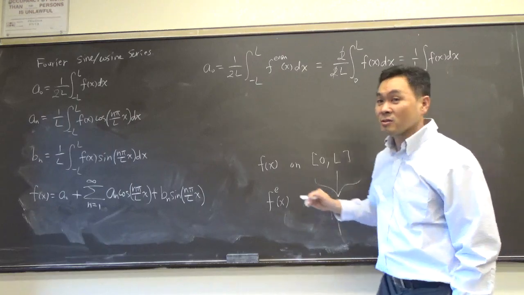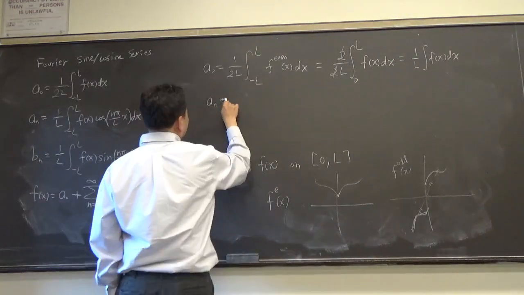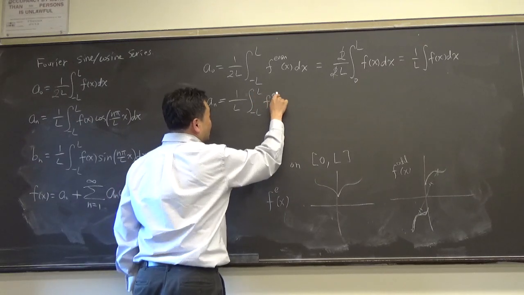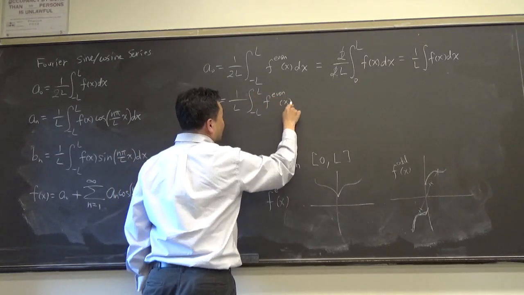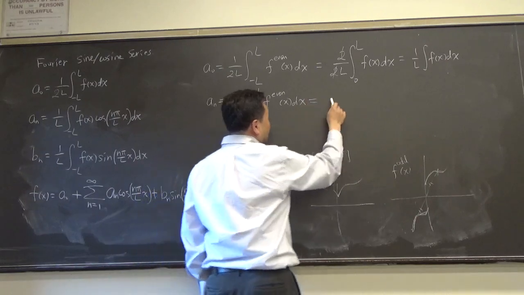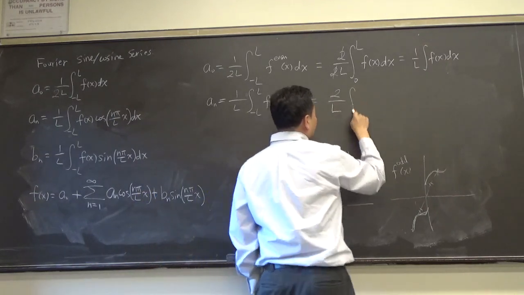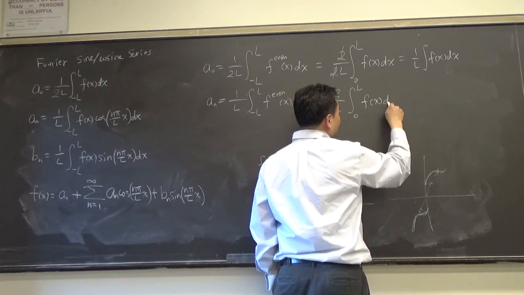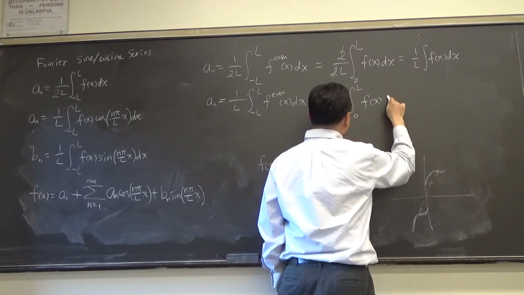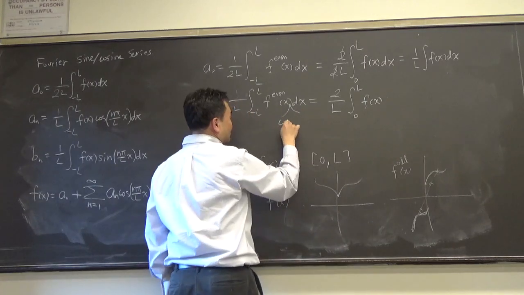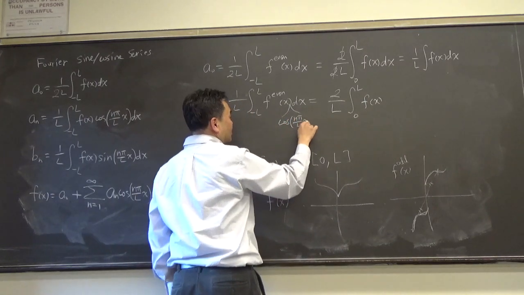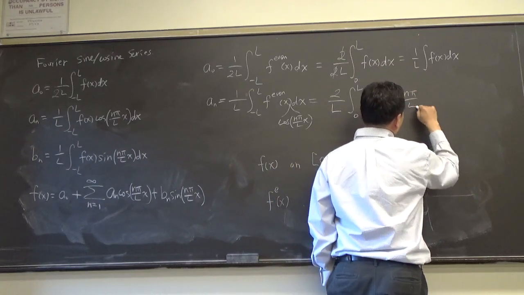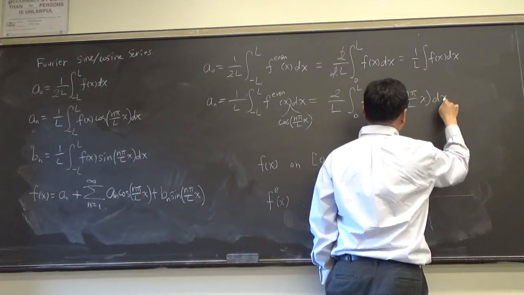for a0, and then an would be 1 over L from negative L to L, f even x dx. And again, doing the doubling trick allows you to skip having to consider the extension, but just write down the, sorry, I forgot the cosine, didn't I? So it'll be cosine n pi over L x dx.